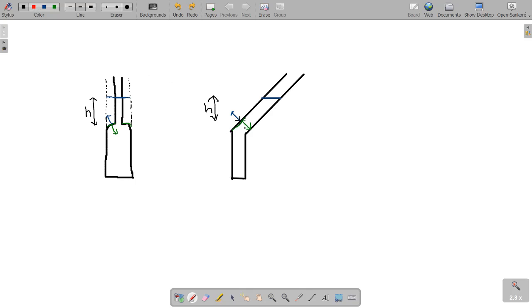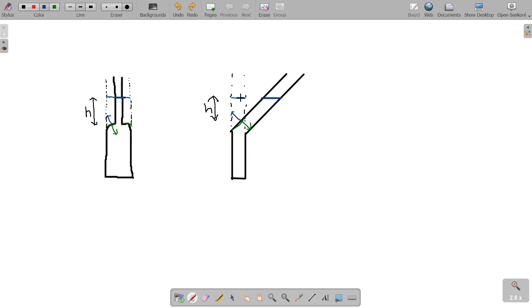Do this for all the points along this area, and you get a cylinder-like shape. It's like you have an extra cylinder of water above here that's giving the pressure.